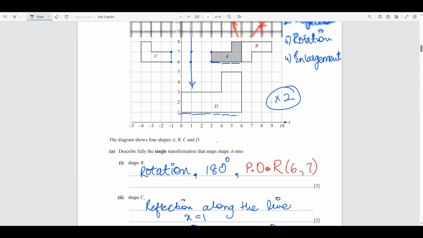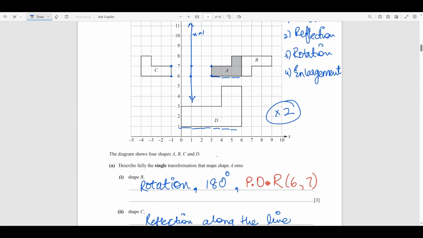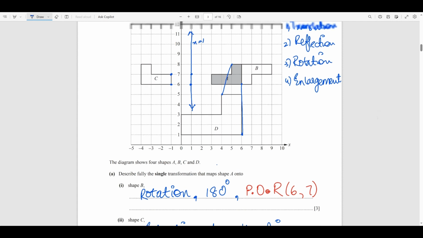All right, and how do we calculate the center of enlargement? We connect corresponding points. For example, I'm going to connect these 2 points. These two are corresponding. And any other 2 points, like these 2 points, let me connect them. Where these two lines intersect, that's going to be our center of enlargement.